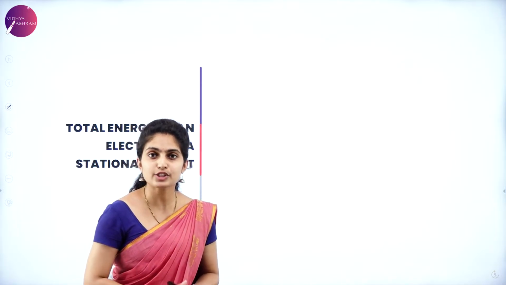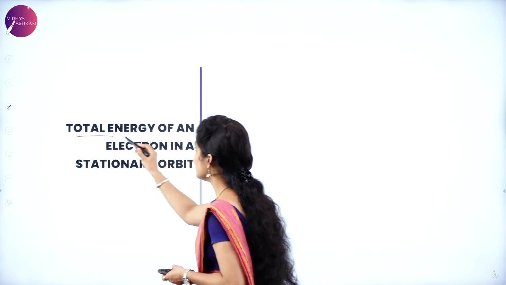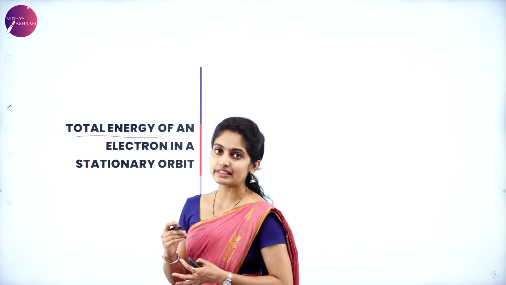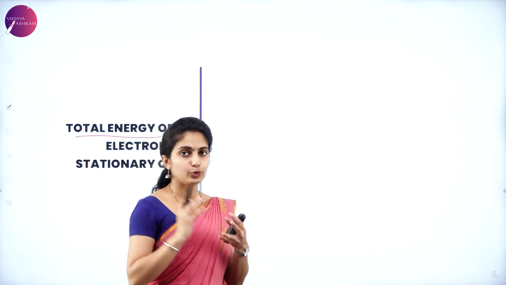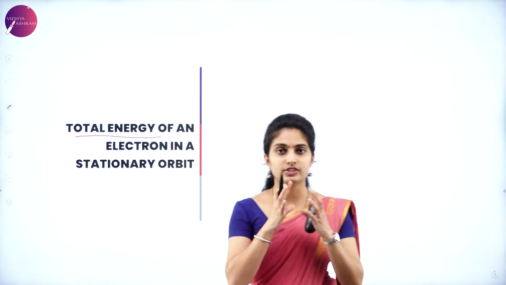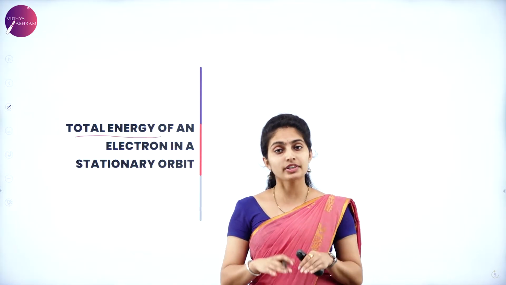So coming to the next part, that is the total energy. We will have to check the total energy of an electron in a stationary orbit. So as Rutherford said that nucleus is at the center, electrons are at the outside of the nucleus which revolve around the nucleus. But what did he tell?